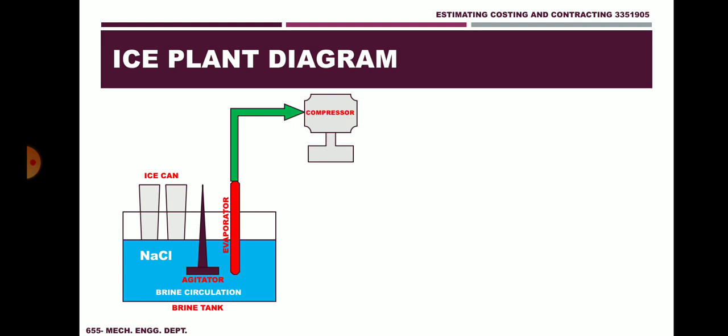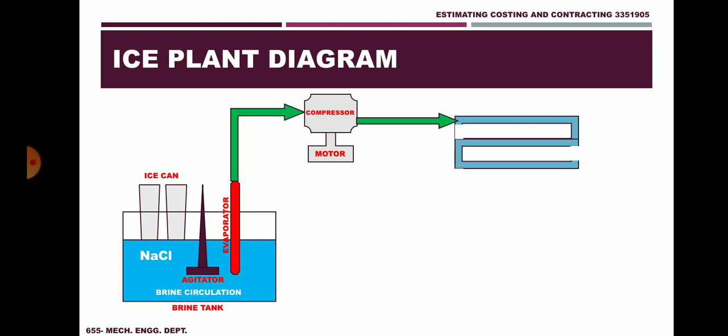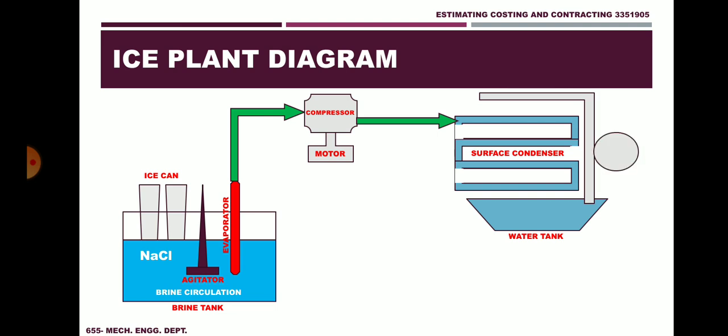Now, with the help of a motor, the compressor forwards it to the condenser, or U-shaped tubes, on which a water tank, with the help of a pump, sprinkles water so that the heat absorbed by the refrigerant can be released.